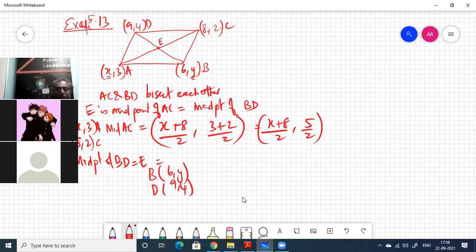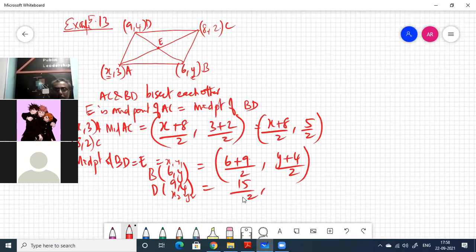If you take this as x1 y1 and this as x2 y2, the midpoint is (6 plus 9) by 2 comma (y plus 4) by 2. 9 plus 6 is 15, so 15 by 2 comma (y plus 4) by 2. Now both are equal.